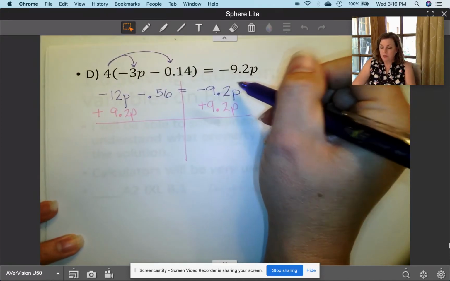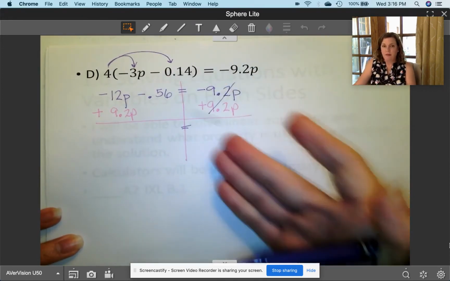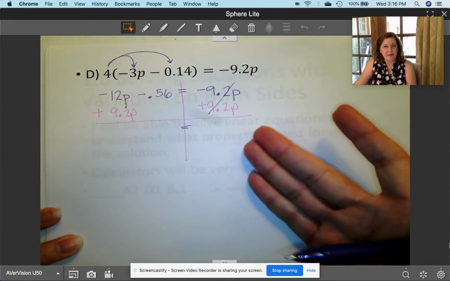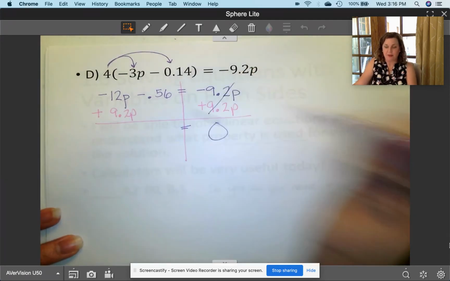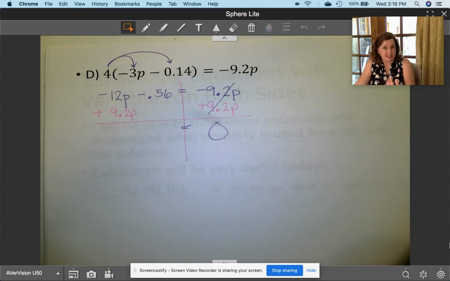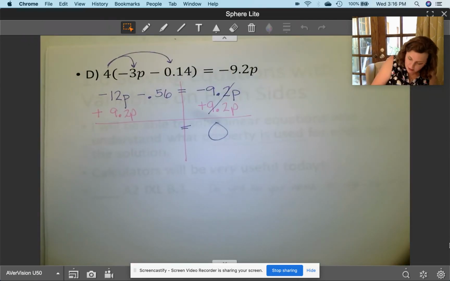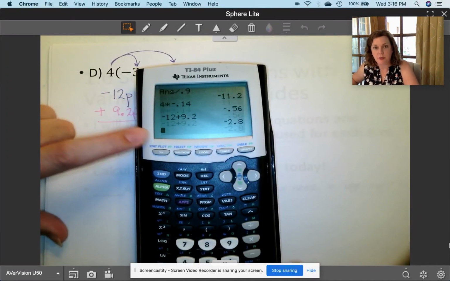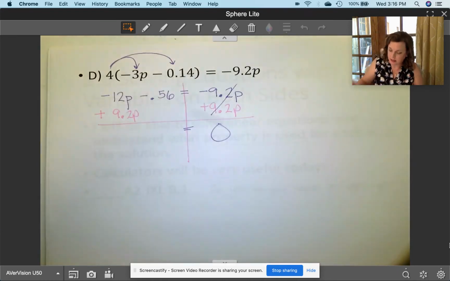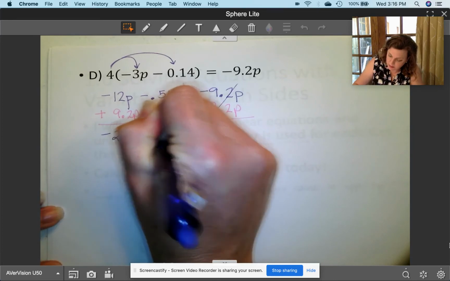Negative 9.2p and positive 9.2p is 0, but I can't have blank on the right-hand side of a balance. There must be a placeholder there. So in this case, I need that 0 there. So I have a negative 12 and a positive 9.2. You can see negative 12 and a positive 9.2 is negative 2.8. Negative 2.8p and a negative 0.56.